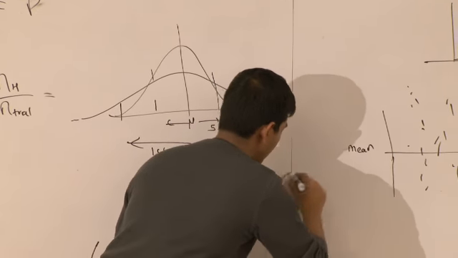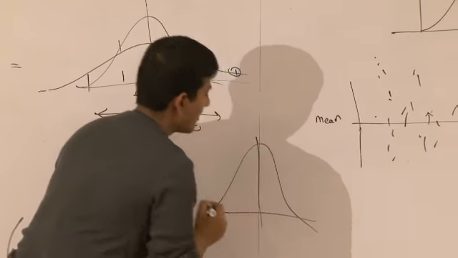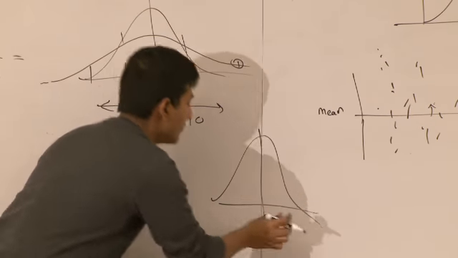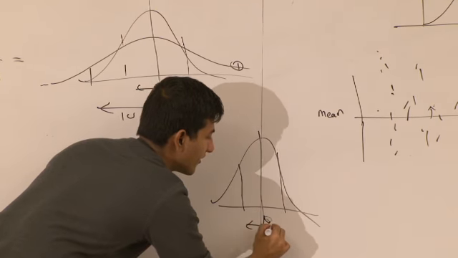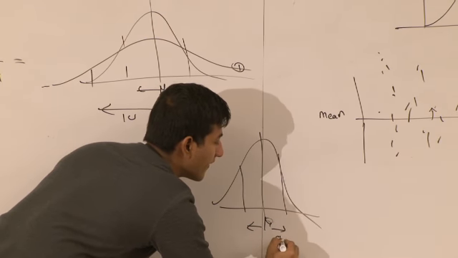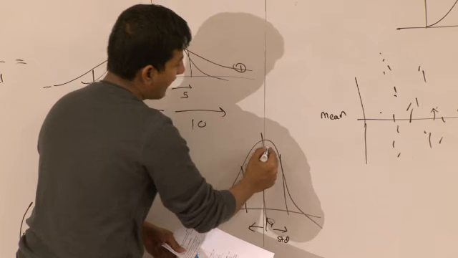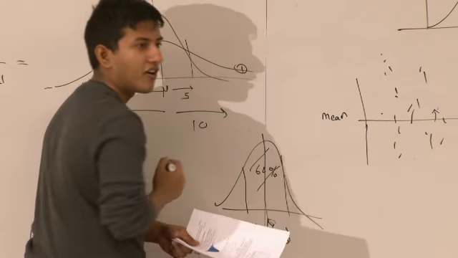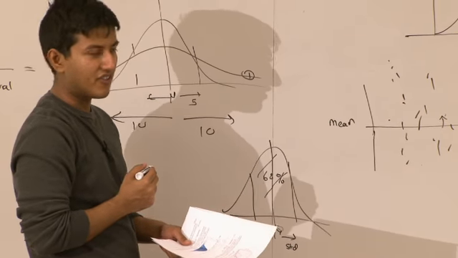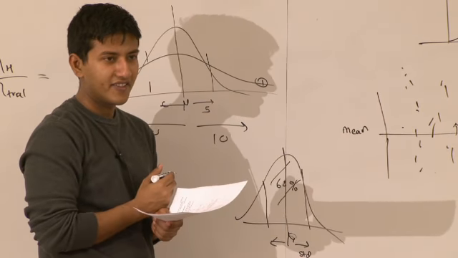So if this is a mu, we know within the first standard deviation, there will be 68% of events lie in that area.